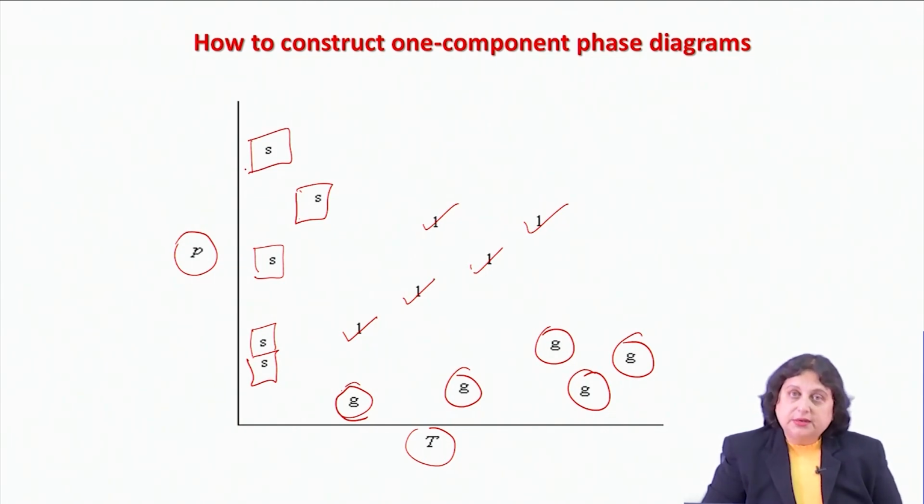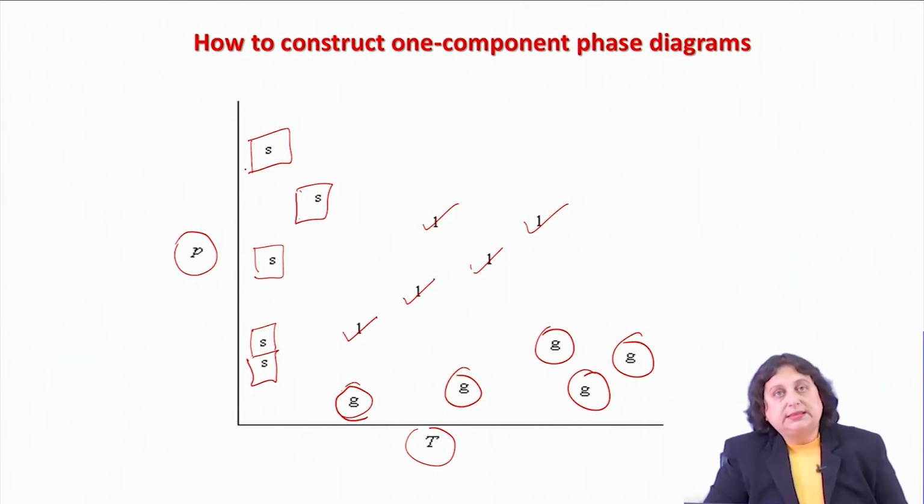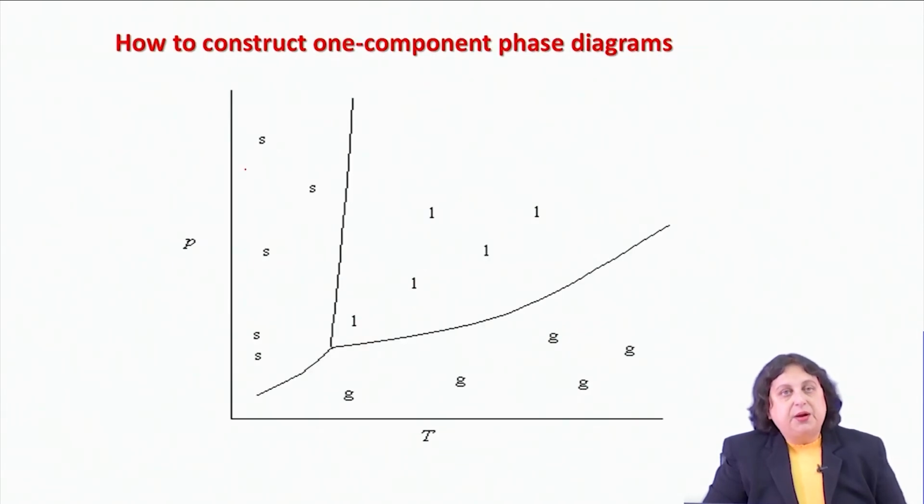Now, when I am constructing the phase diagram, this is not sufficient information about how the system can undergo a change in phase as I go on changing temperature and pressure. So for this purpose, I will add some more details into this diagram. And here the details are as follows.